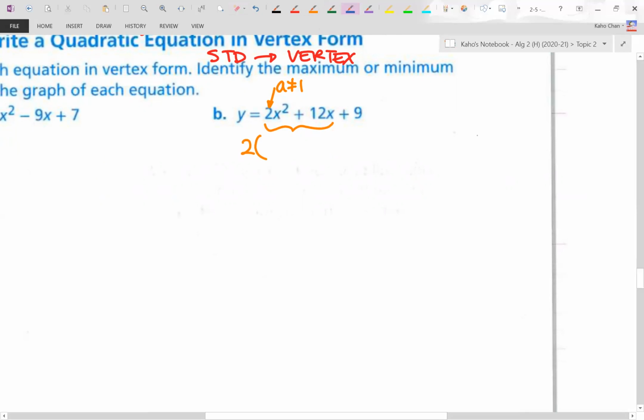So when I take out a 2 from 2x squared plus 12x, I get x squared plus 6x. Then we rewrite the plus 9. Nothing's really changed. I just took out a 2 from the first 2 terms.